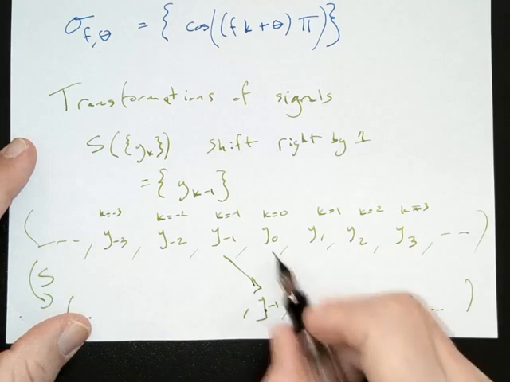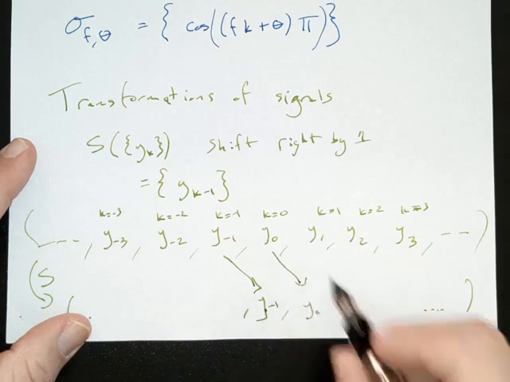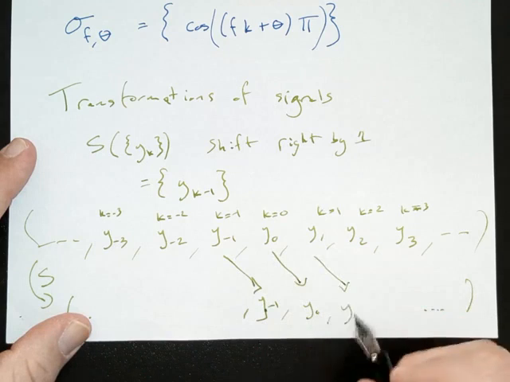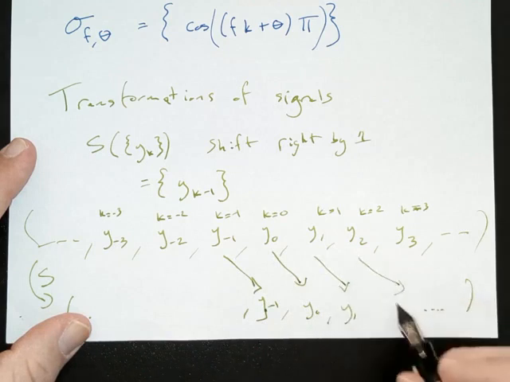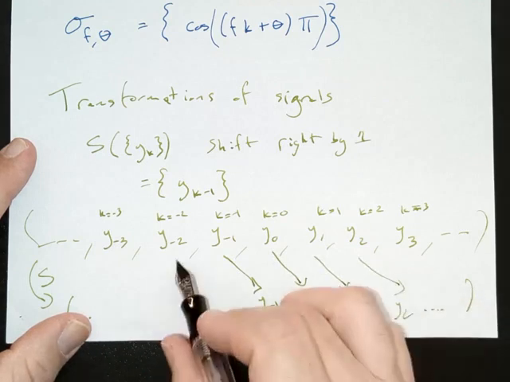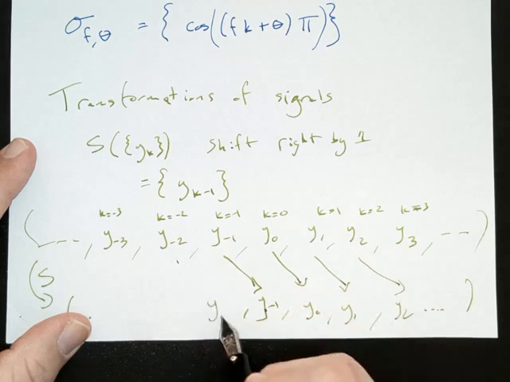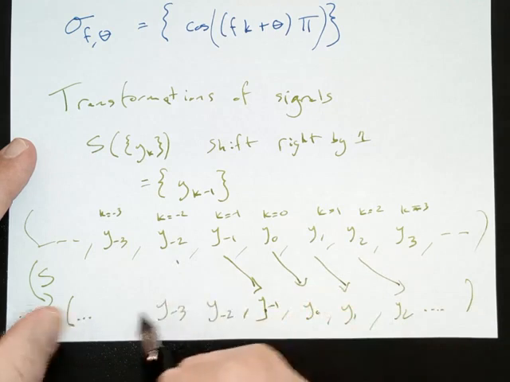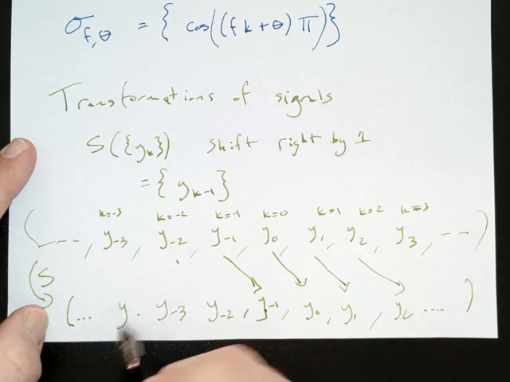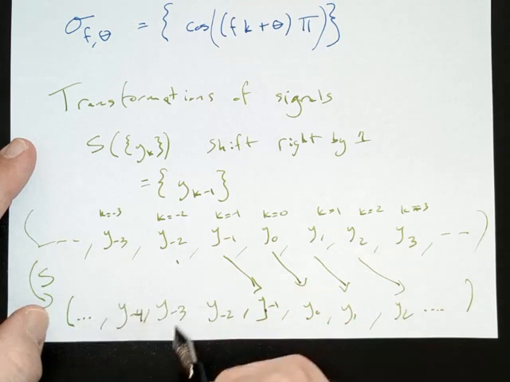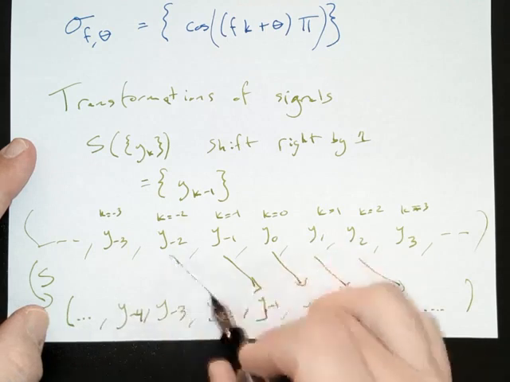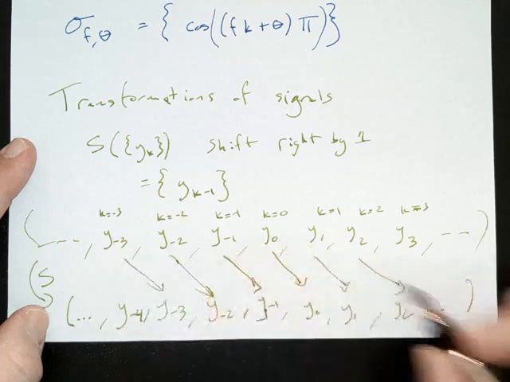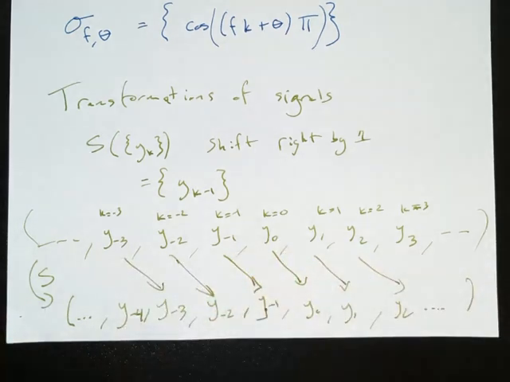And this is K equals 1. The thing that should go there is Y0. Everything shifted right by one place.